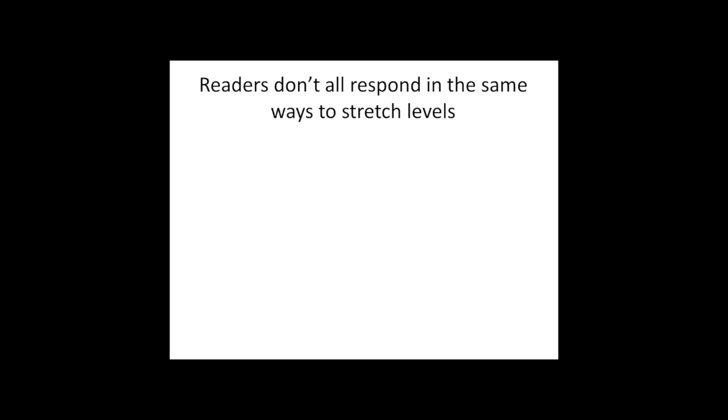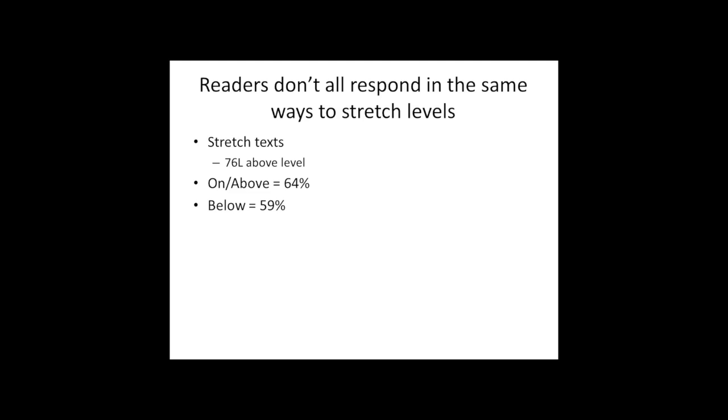In both of the studies that I mentioned earlier, the one where we looked at text levels and length, we found that readers with different backgrounds did not respond in the same way to stretch levels. In the study where we looked at kids' reading levels and their abilities to stretch relative to their own levels, kids who had not done as well on their state assessment, even when the passage was relative to their own level, still were not as successful stretching.